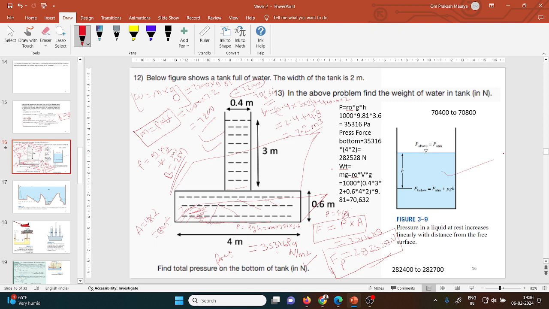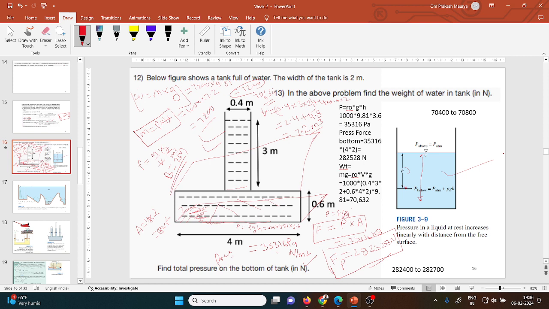This figure was given because, if let's suppose a water tank is there and you want to calculate the pressure at that point, you will only consider this much height, not the whole height.